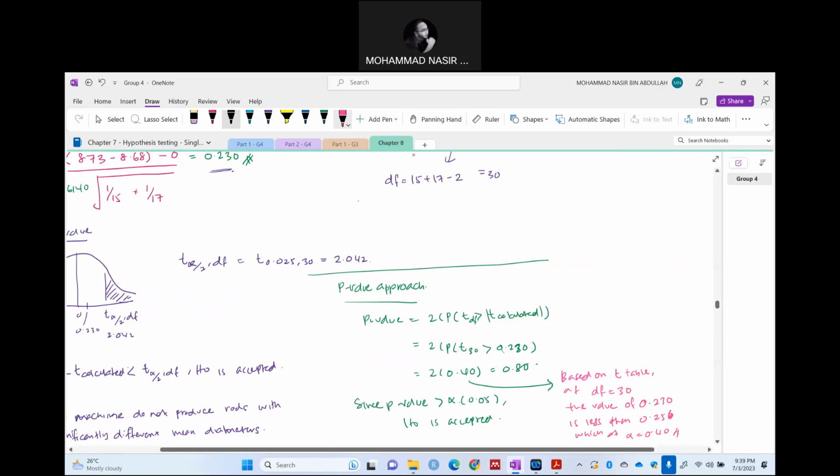So that's why the value of probability is 0.40. Okay.